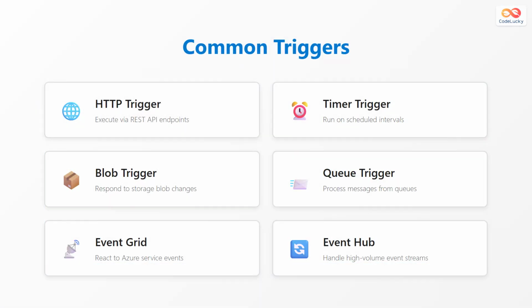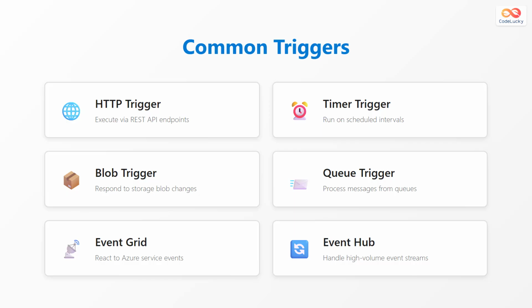Azure Functions supports various trigger types to handle different scenarios. HTTP triggers let you execute functions via REST API endpoints, making them perfect for building web APIs. Timer triggers allow you to run functions on scheduled intervals using cron expressions. Blob triggers respond to changes in Azure Storage blobs, useful for processing uploaded files.